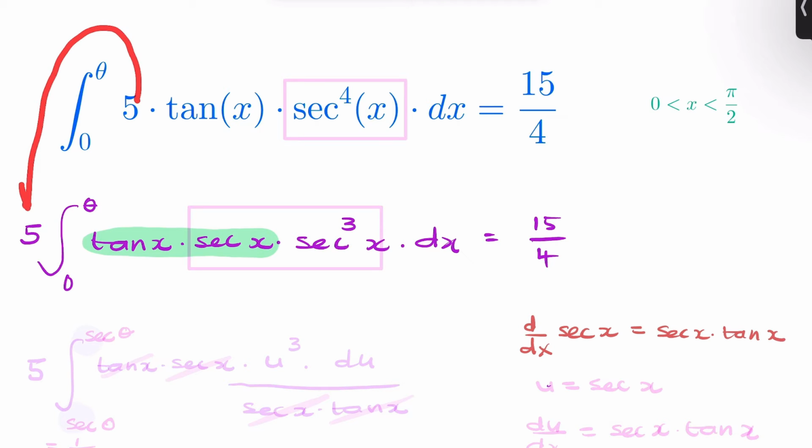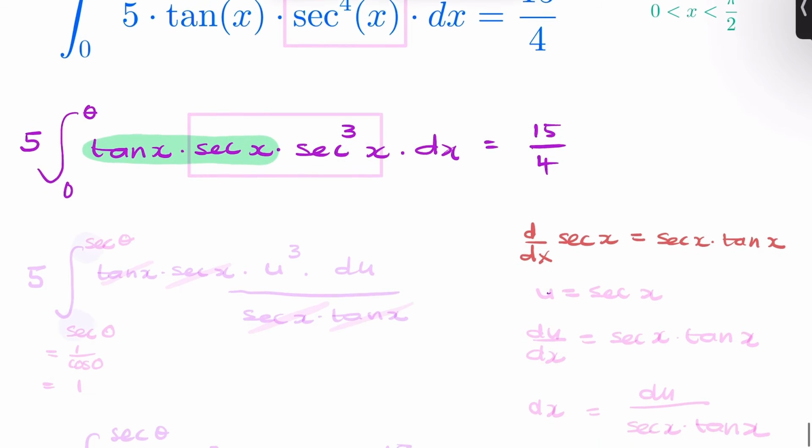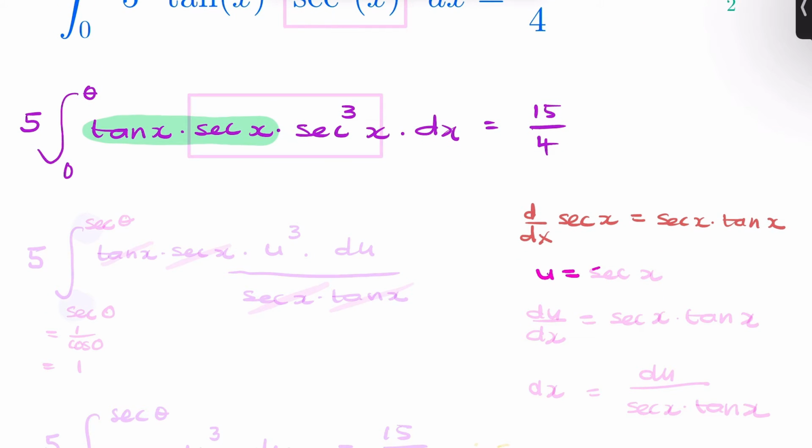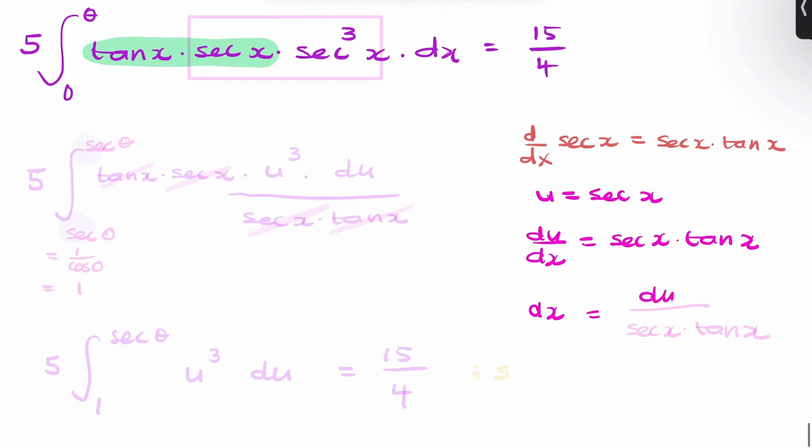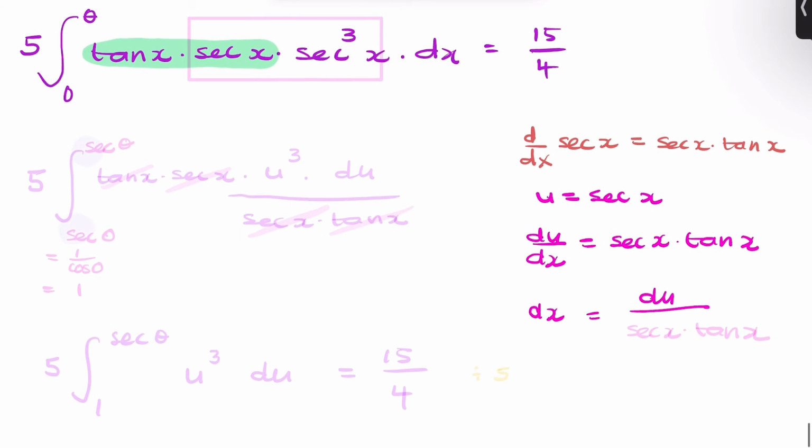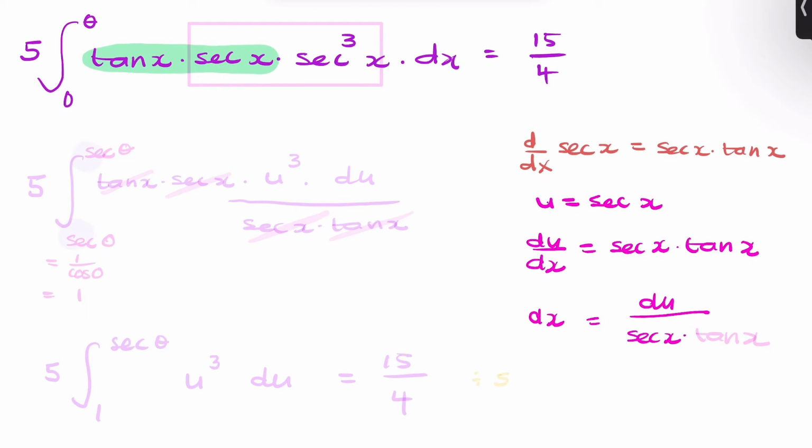Now, if you're not a fan of the reverse chain rule, we can use substitution. I can say u equals secant x, so du by dx is secant x tan x, and therefore dx is du divided by secant x tan x.